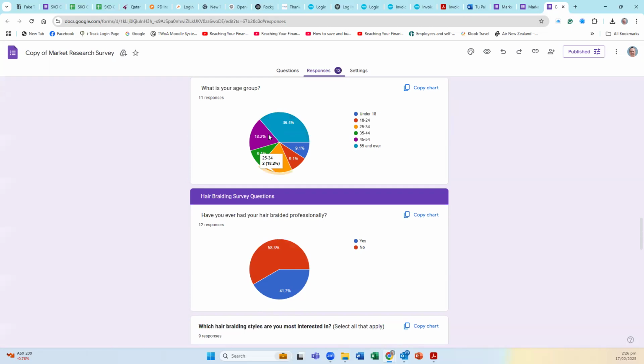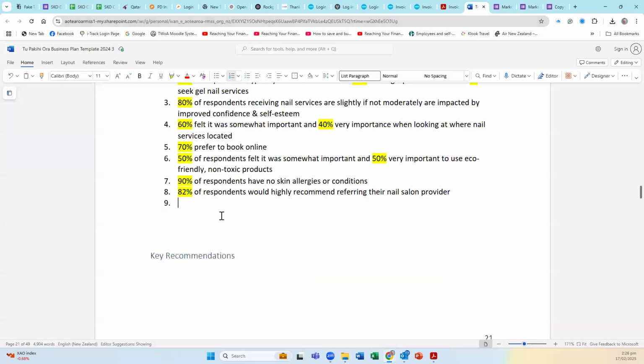The two largest groups, if you add those two together, 25 to 45 and over 55s, were the largest groups. 36% of those who responded were over 55 years of age.